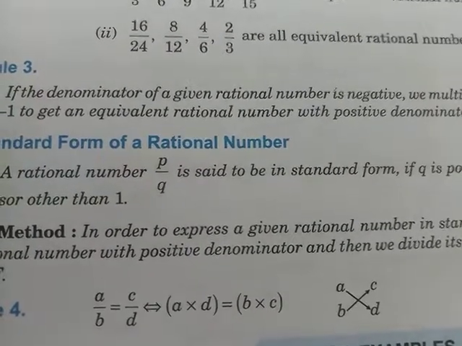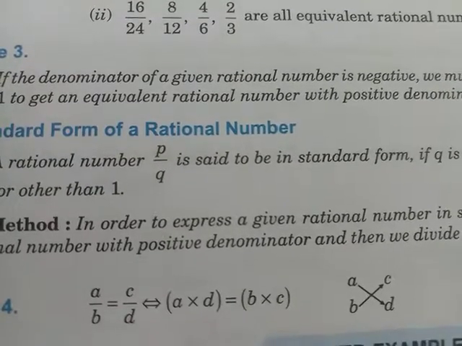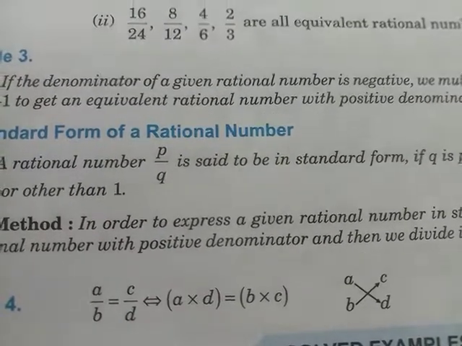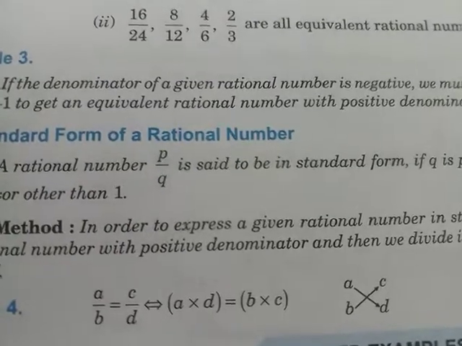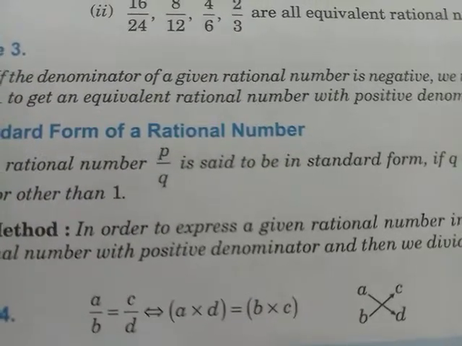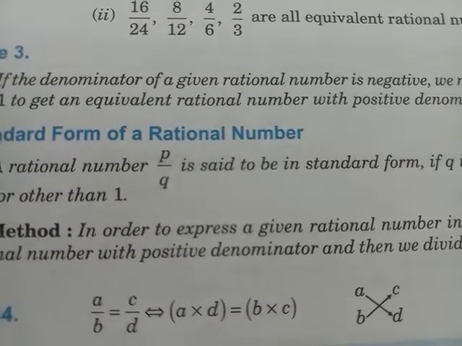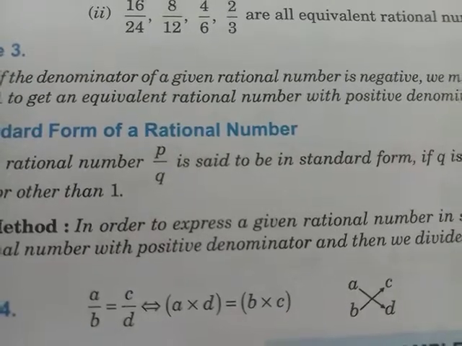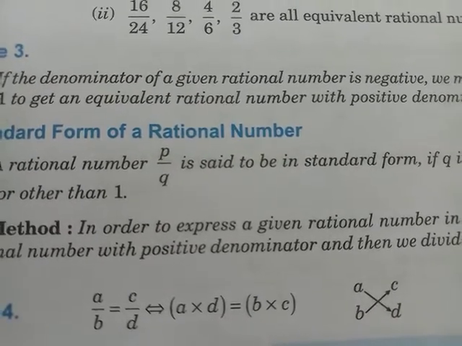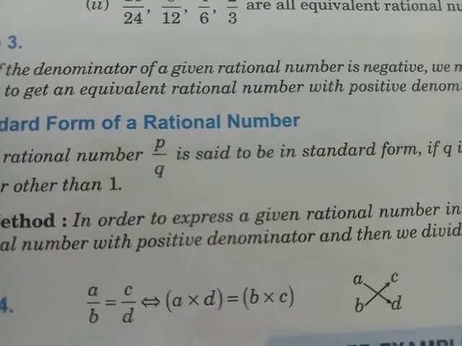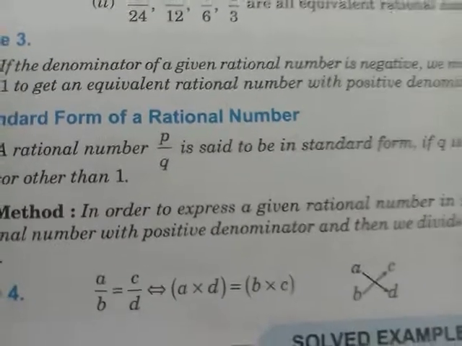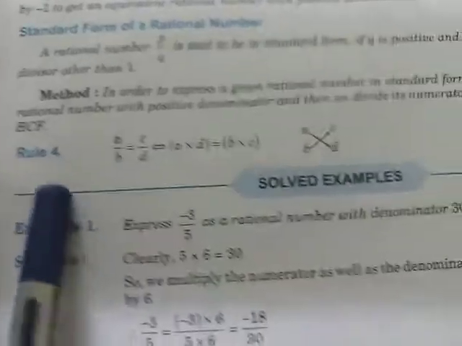Remember that any negative number can be converted to positive by multiplying it by minus 1. And as we discussed in the first law, any number can be multiplied in a rational number, but we need to remember that if we are multiplying in the numerator, we have to multiply in the denominator as well. Okay, then we come to the fourth rule.